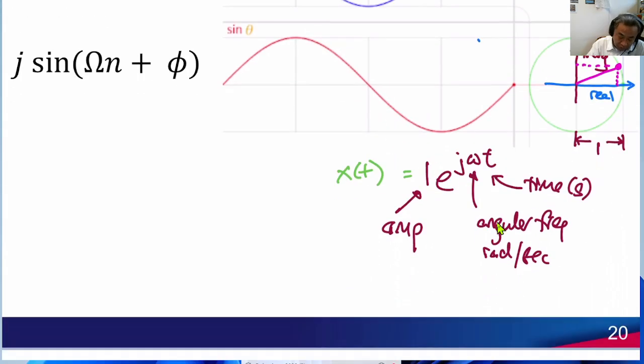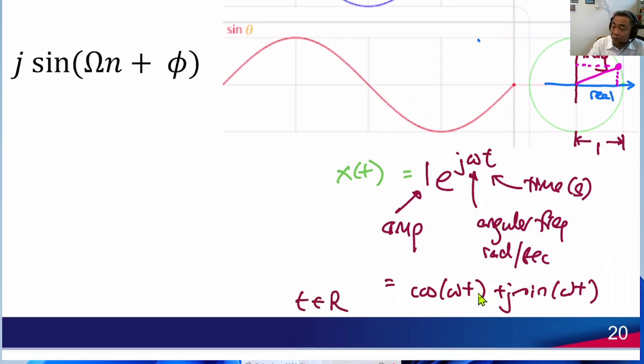So basically, we can express this as cos ωt plus j sin ωt. And t is real, and t grows from, let's say, 0 to infinity. Omega is a constant. Omega is the angular frequency, and it is in radians per second.